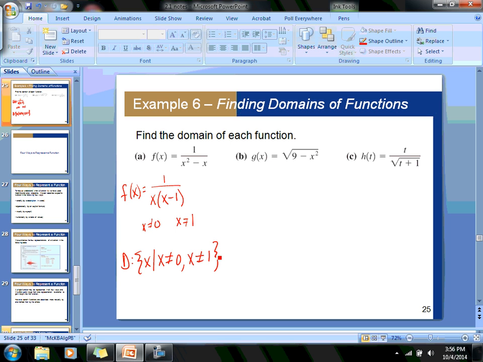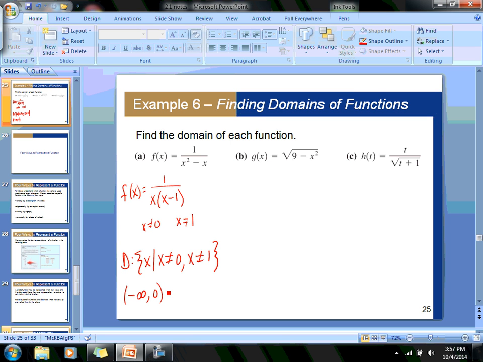You could write it in interval notation, but it's a little more complicated because you have to say that it's all numbers except for 0 and 1. So if you think of it like a number line, we'd want to start on our left and come up to the right. So I'd be going from negative infinity all the way up to 0, but I wouldn't be including 0.